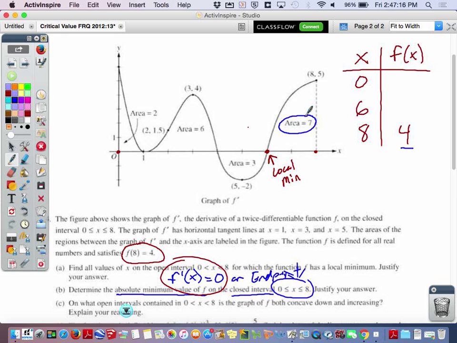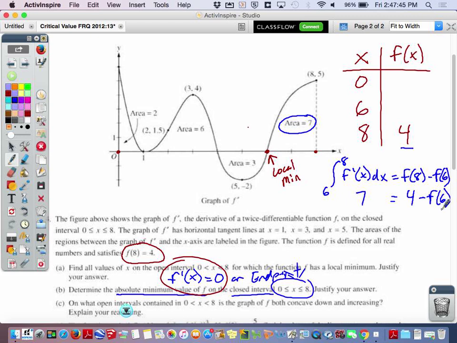So the integral from 6 to 8 of f prime of x dx is equal to 7. And based on the fundamental theorem of calculus, the integral from 6 to 8 of f prime of x is f of 8 minus f of 6. But I know f of 8 is 4, and that will help me figure out what f of 6 is.